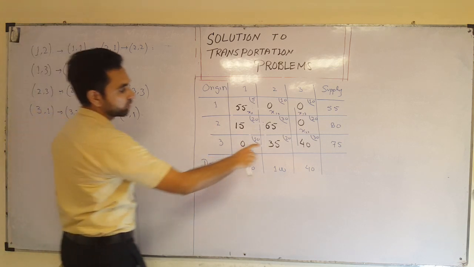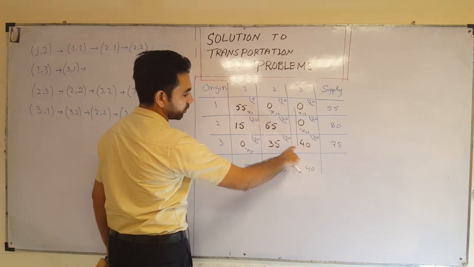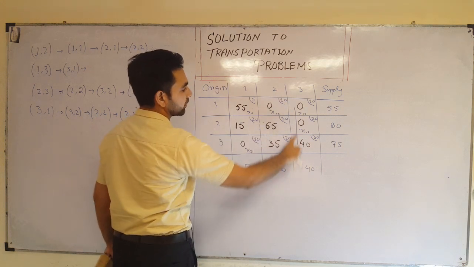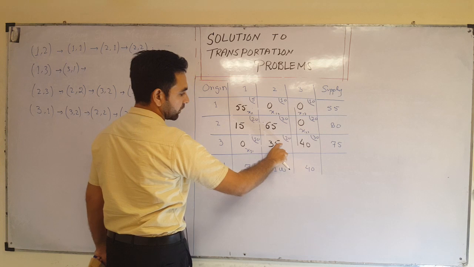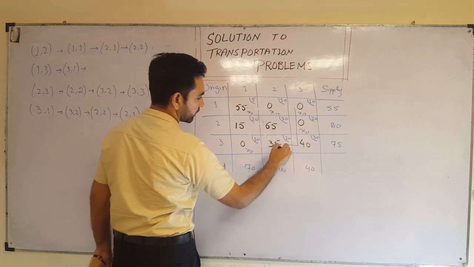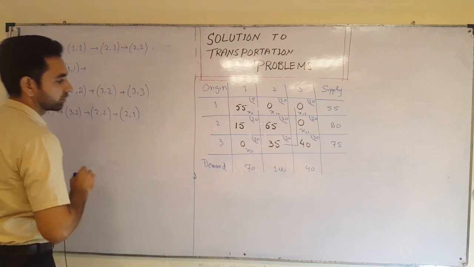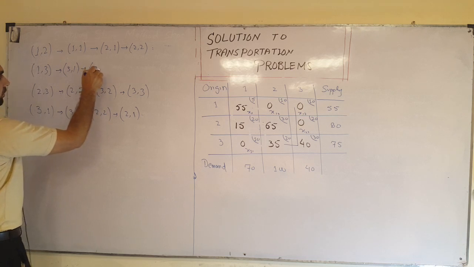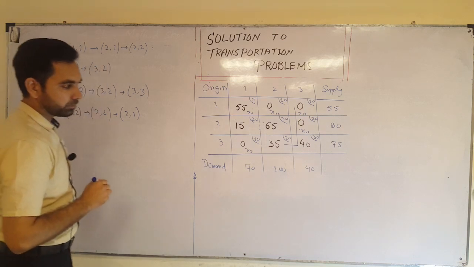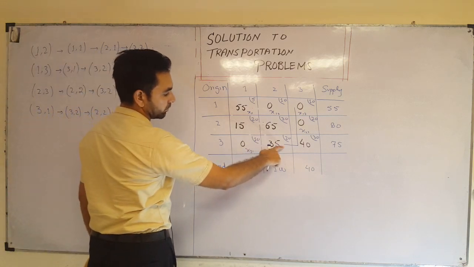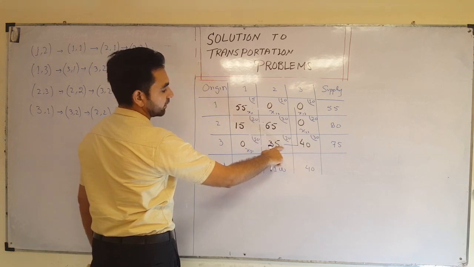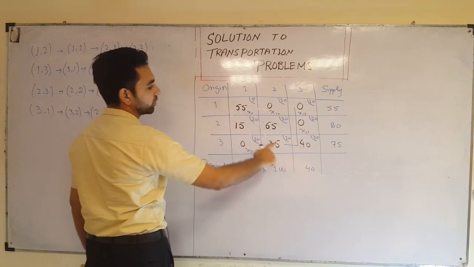Now from 3 1, where can I go? I can either go horizontally or vertically. Vertically is already done, so I can go horizontally to this cell, which is 3 2, right? And now from this cell I can go either horizontally or vertically.